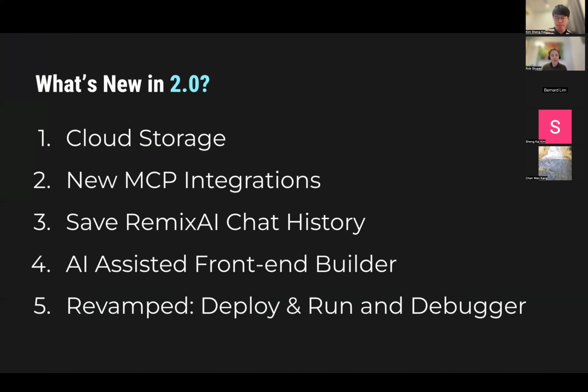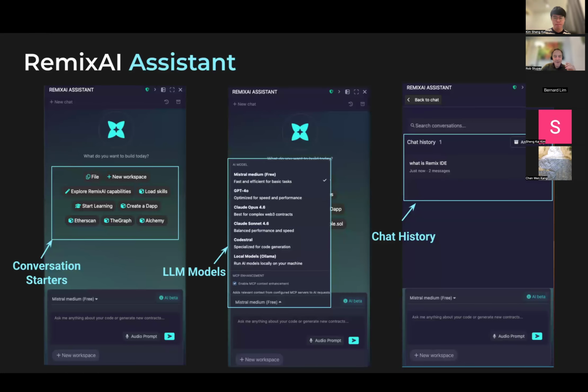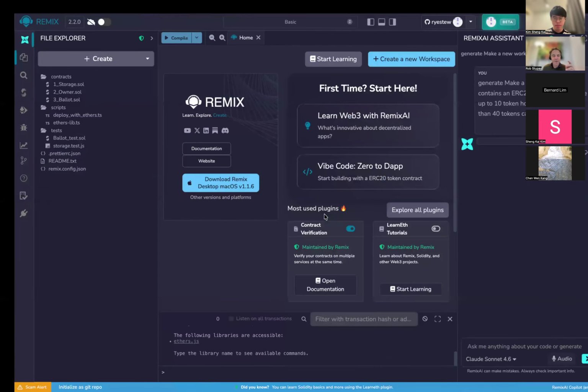In this beta, there's cloud storage, new MCP integrations like ENS and subgraphs and OpenZeppelin, chat history, a front-end builder that we call QuickDApp, and the revamped deploy and run and debugger. Actually, I want to jump right over into Remix.